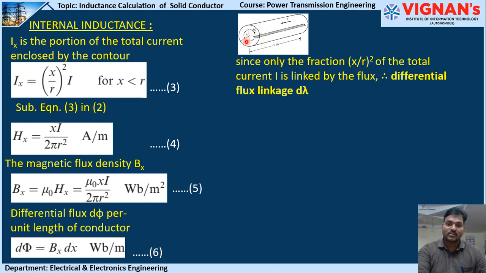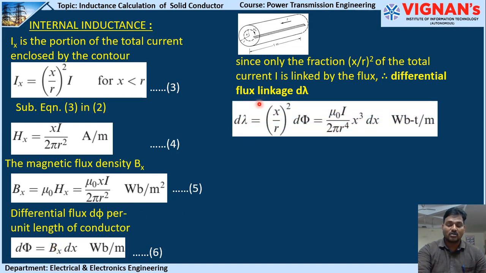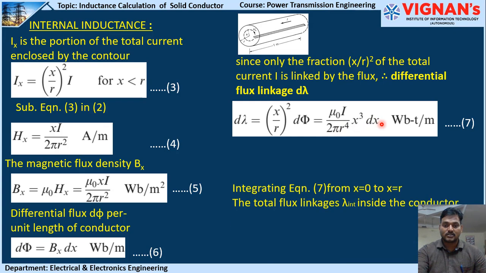Similarly, the flux linking this differential element will also be equal to the fractional flux of this d phi. Therefore, d lambda is equal to x by r whole square into d phi. The differential flux linkage is given by the flux per meter into this fraction. That is equal to, you substitute d phi from equation 6. You get equation 7 as mu naught I by 2 pi r power 4 into x cube dx.